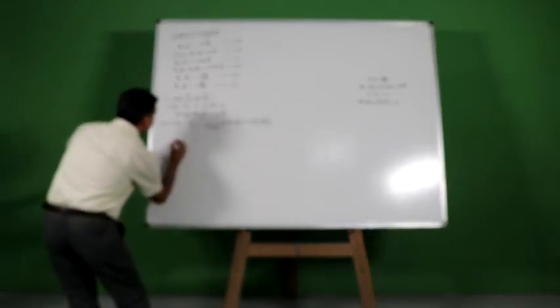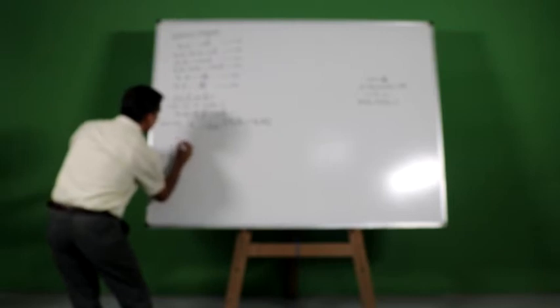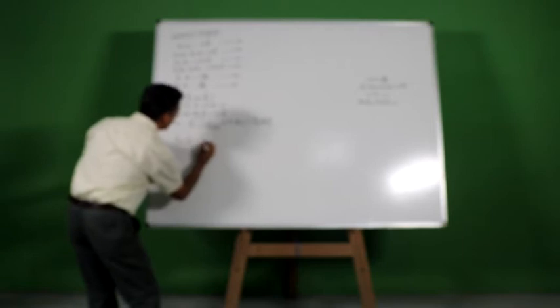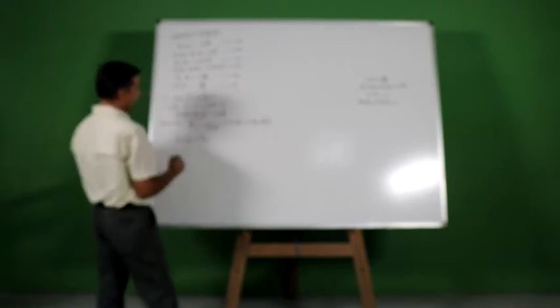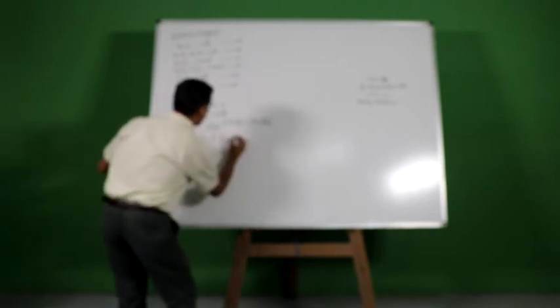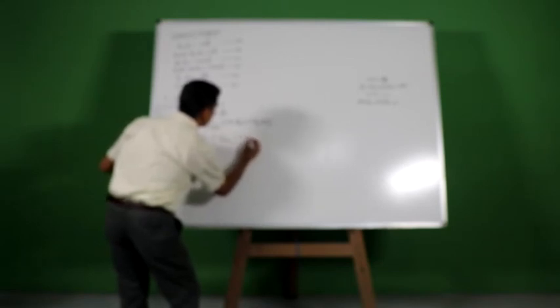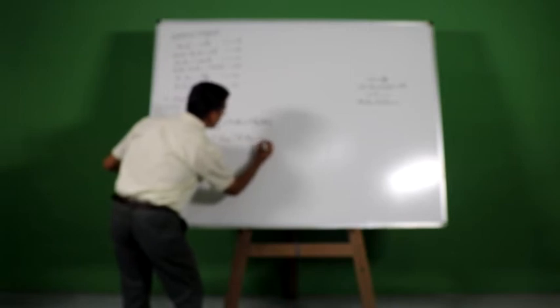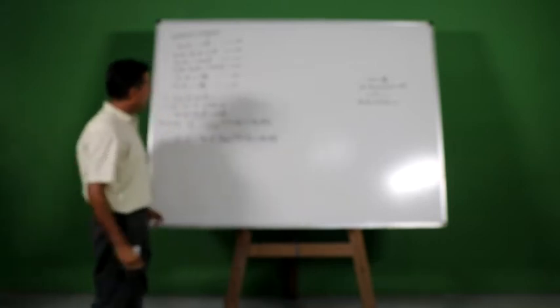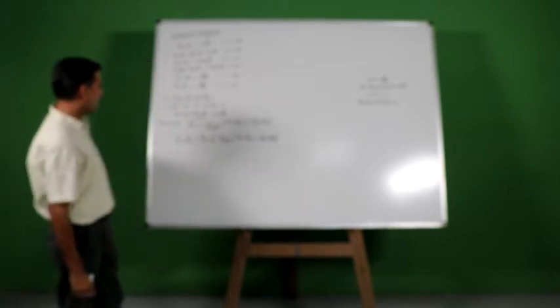Now this can be written as del_T cross E_z plus del_Z cross E_t, that is, minus 1 upon iota omega mu epsilon times del_T cross B_z plus del_Z cross B_t.